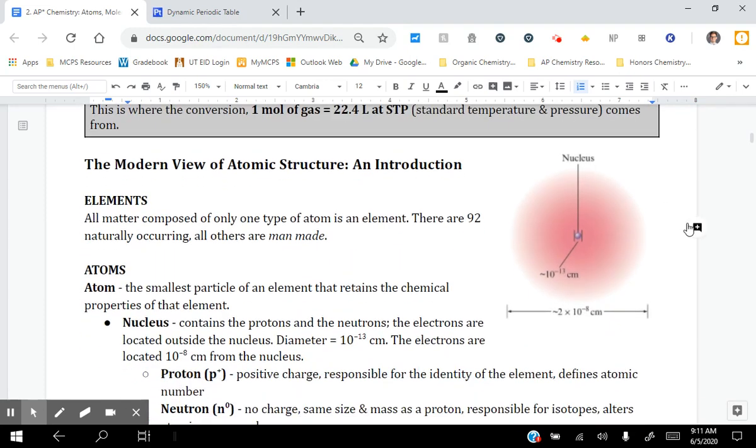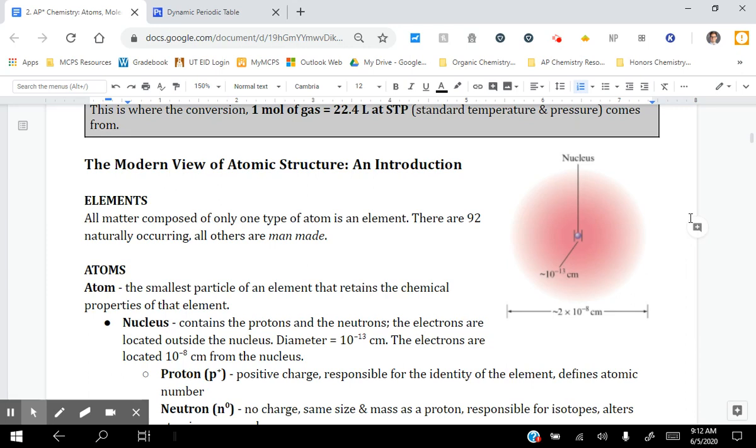When we're talking about the modern view of atomic structure, we're going to start by looking at elements. We know that all matter composed of only one type of atom is an element. There are 92 naturally occurring elements. The rest are man-made. We're actually up to 118 elements at the point of recording of this video. The most recent one, I believe, was named in 2018, and that is element 118, and that is oganesson.